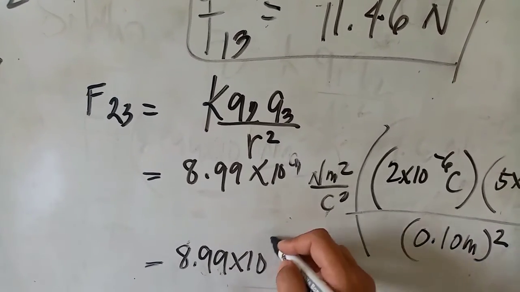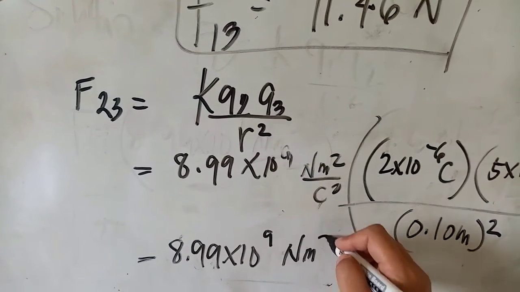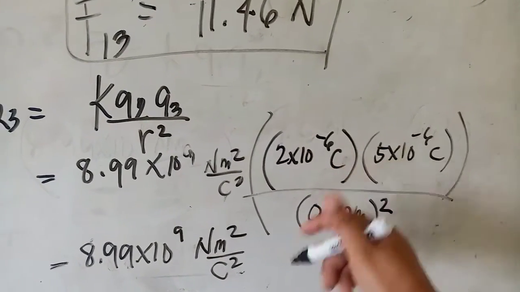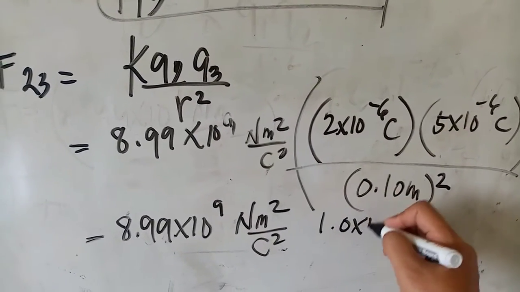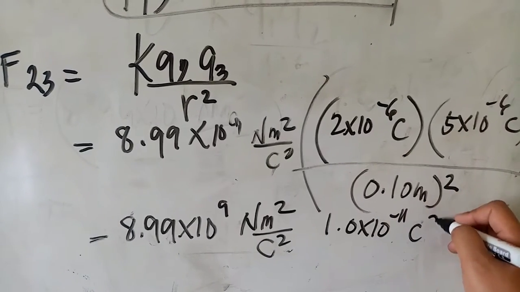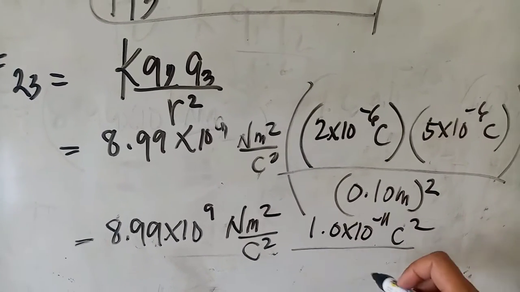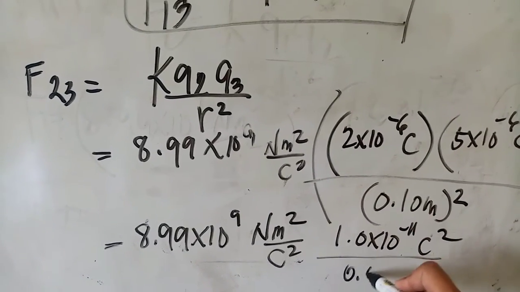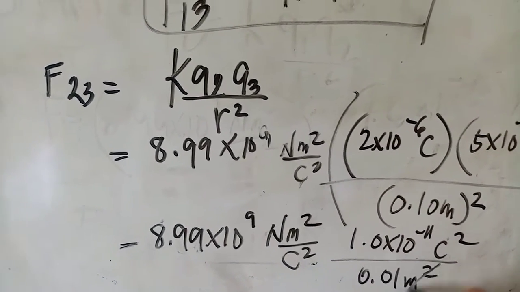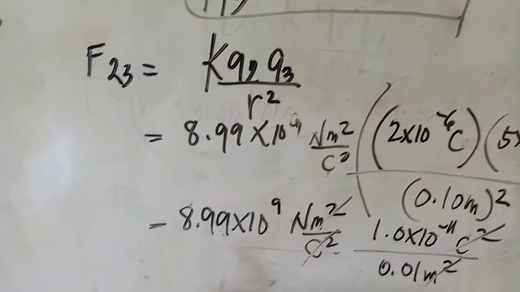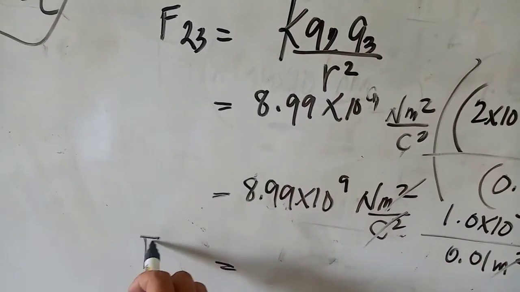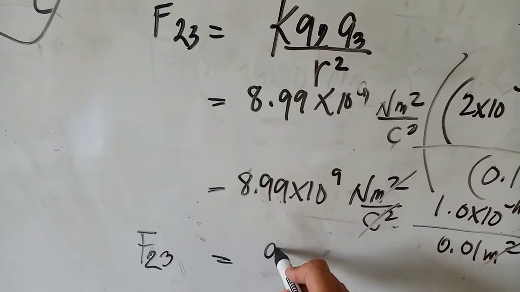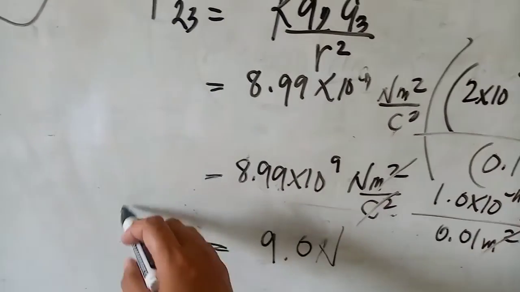You multiply these and you will get 1.0 times 10 to the negative 11 coulomb squared over 0.10 squared, which is 0.01 meters, quantity squared. Using your calculator, you will get that the force of charge 2 on 3 is equal to 9.0 newton.